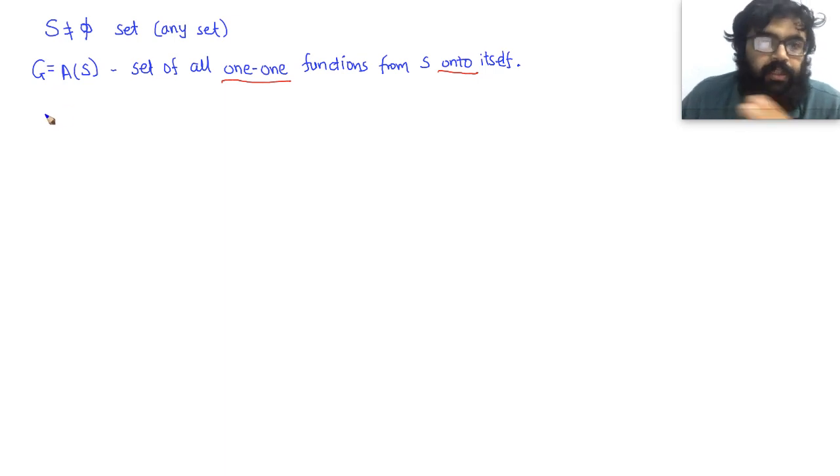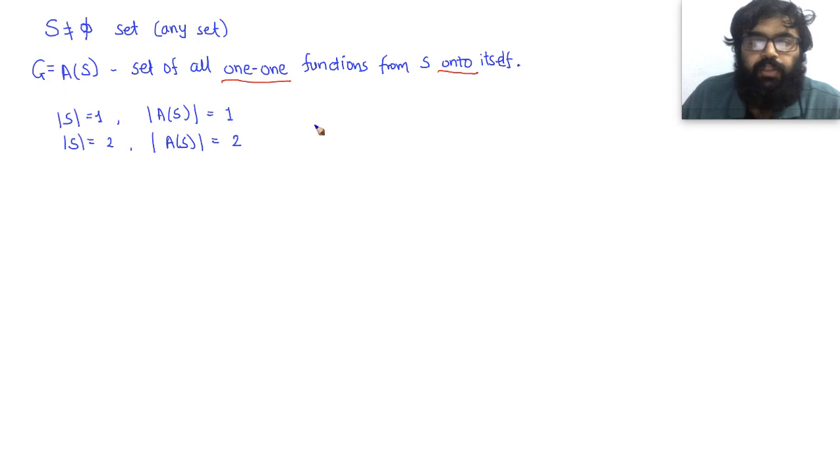If S is a finite set, how many one-one and onto functions can we have? Finitely many only. But what is the relation between the cardinality of S and the cardinality of A_S? We saw last time that if the cardinality of S equals 1, then the cardinality of A_S is also 1, only one function. If the cardinality of S equals 2, then the cardinality of A_S is also 2.